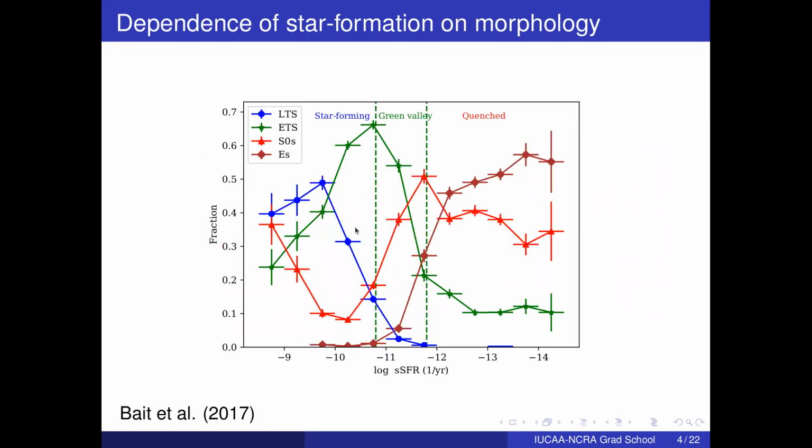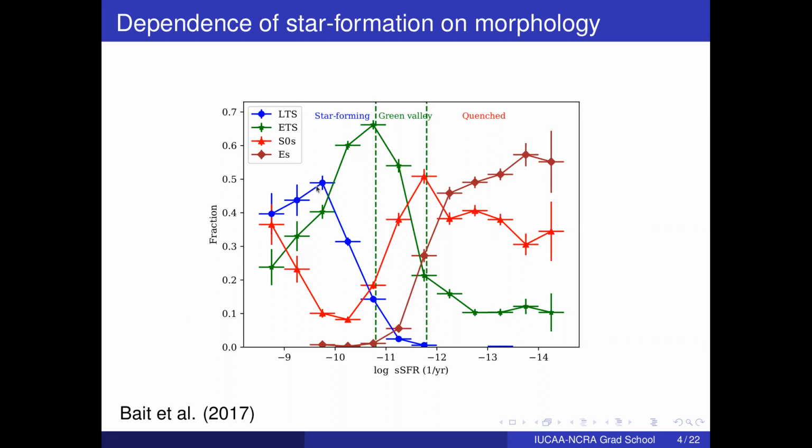Okay, so this is another thing from Omkar's paper. Now we say, let's represent this same idea in a different way. Let us see how the fraction of galaxies changes between the star forming, green valley and quenched regions. This blue curve represents late type spirals.